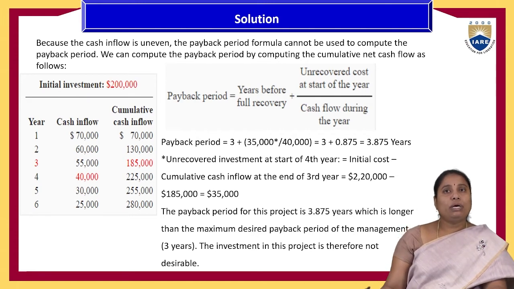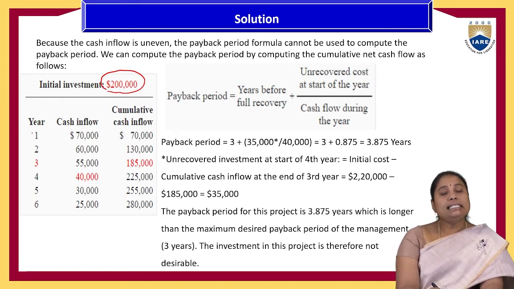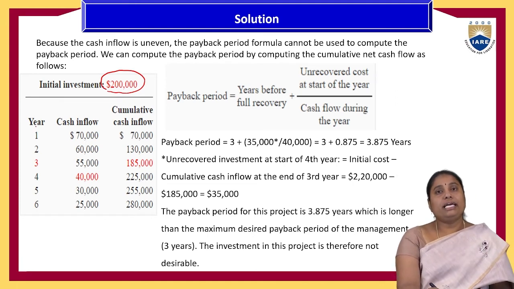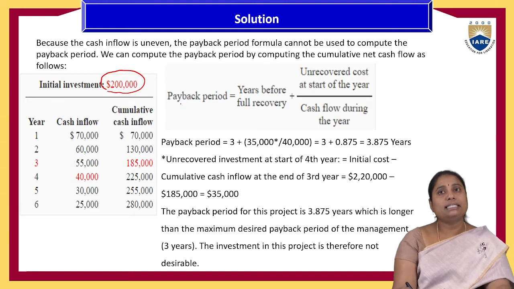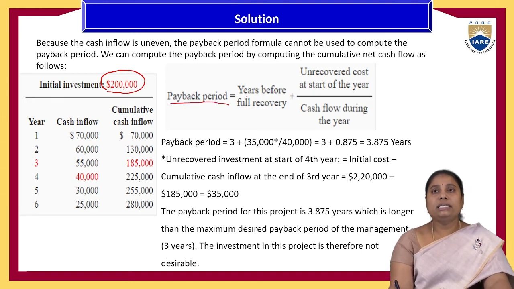The initial investment is 2 lakhs, and we use this formula: payback period equals years before full recovery plus uncovered cost at the start of the year divided by cash flow during the year.